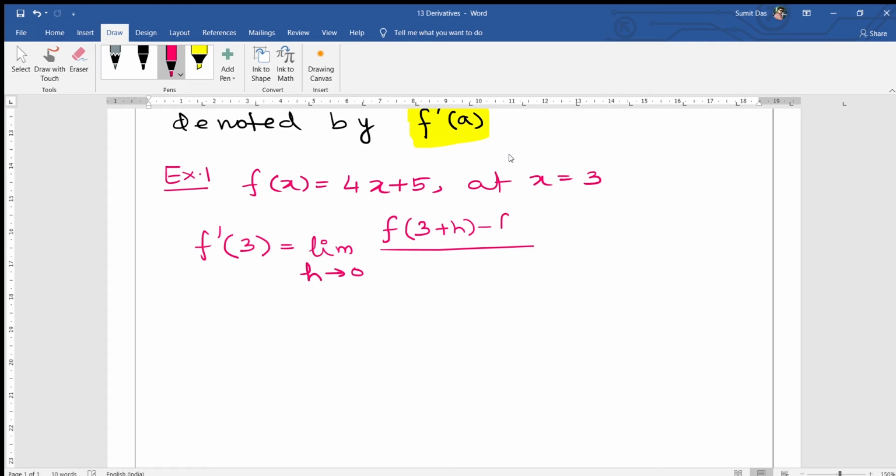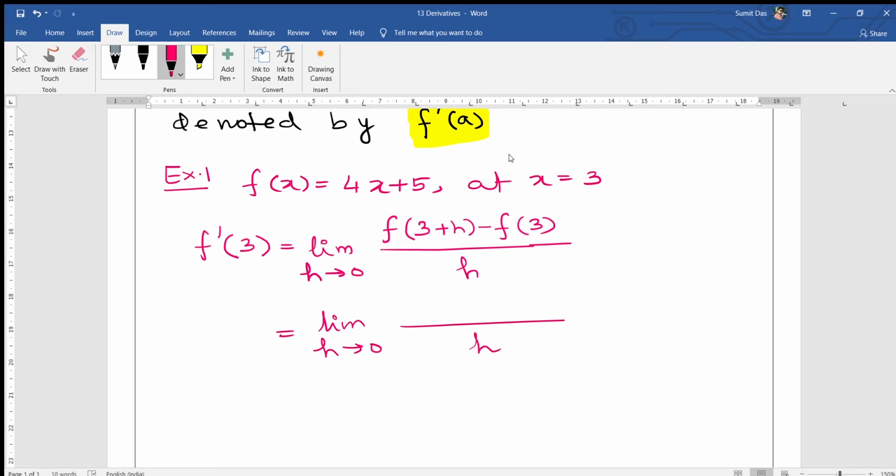So we have to find f of 3 plus h. f(x) equals 4x plus 5, so what will be f of 3 plus h?